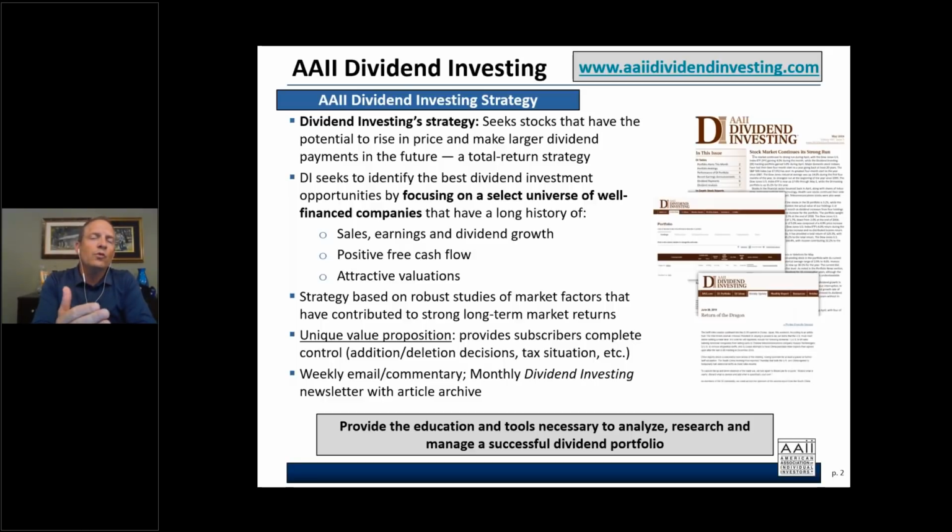And also we seek to identify the best dividend investment opportunities. What we do is we focus on a select universe of well-financed companies, and really we're looking for companies with a long history of sales growth, earnings growth, and of course dividend growth. We look for companies that show characteristics of positive free cash flow.